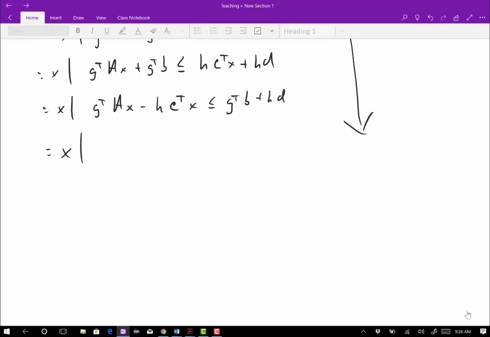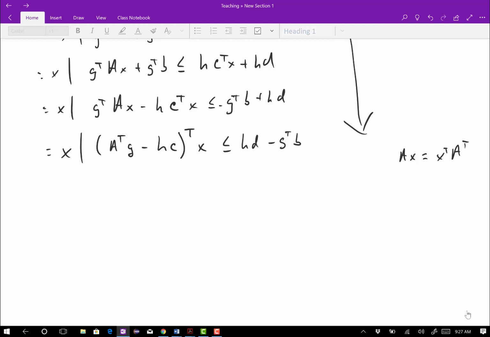So I'm going to reverse the order here. Let me write it and then I'll explain it. What I'm going to write is A transpose G minus HC transpose X less than or equal to HD minus G transpose B. Got a sign error here: G transpose B. What I'm doing here is using the idea that AX is equal to X transpose A transpose, just to get this into this form.